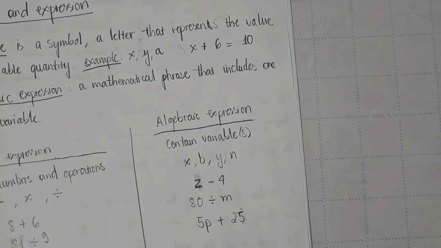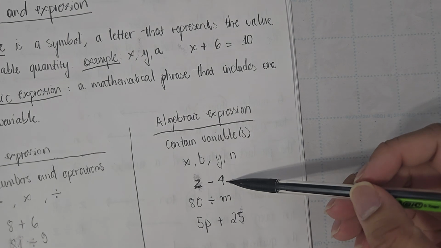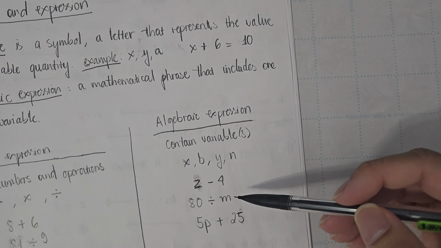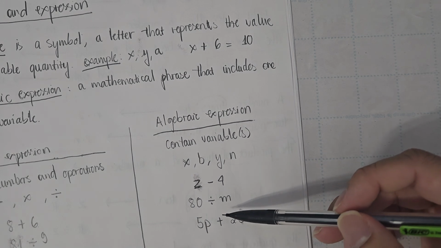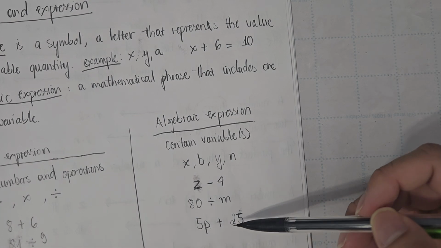It also contains variables like x, y, z, b, n. For example, we have z minus 4, 80 divided by m, 5p plus 25, which means 5 times p plus 25.